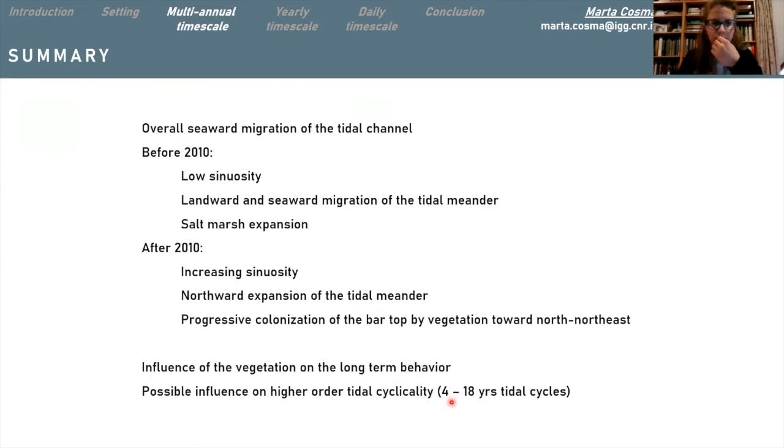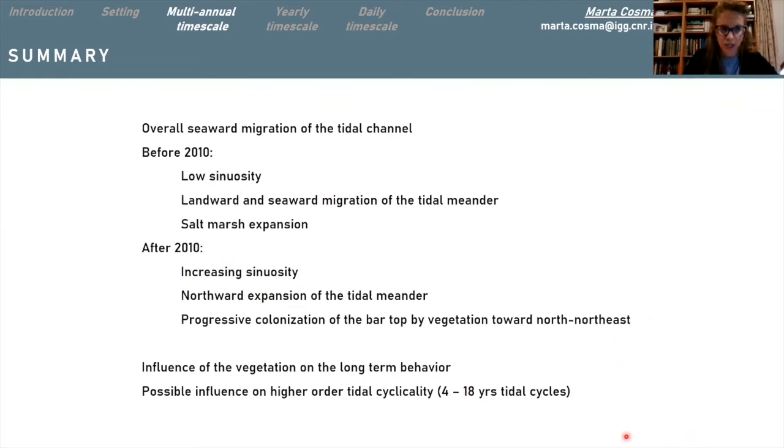Related to the multi-annual time scale, we saw that the tidal channel shows an overall seaward migration, with differences between landward and seaward migration, and a low sinuosity before 2010 with the salt marsh expansion, and more expansional behavior after 2010 because of the progressive colonization of the bar top by vegetation, which accretes toward the north-northwest.